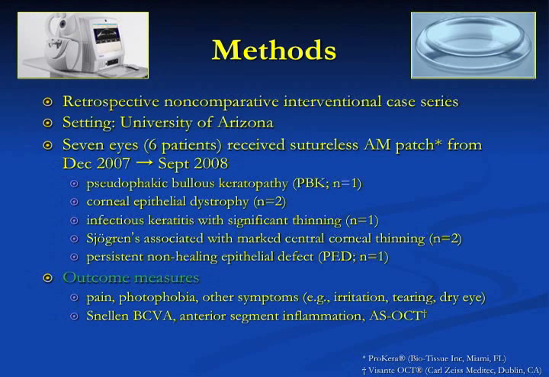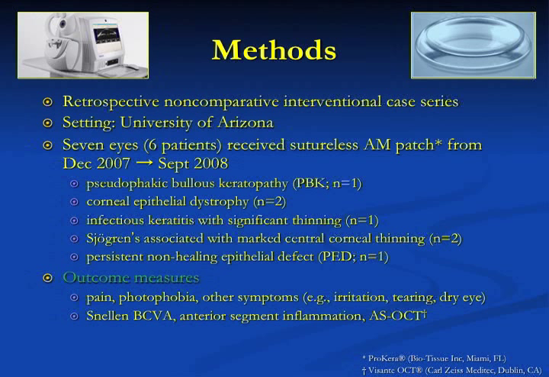There was a corneal epithelial dystrophy, a pseudophakic bullous keratopathy, some patient that had significant thinning secondary to infection keratitis, a patient with Sjögren and with very bad ocular surface that also developed thinning, and a non-healing epithelial defect. And we looked not only at the objective measures to see how the cornea did, but we did look also at the ocular pain.